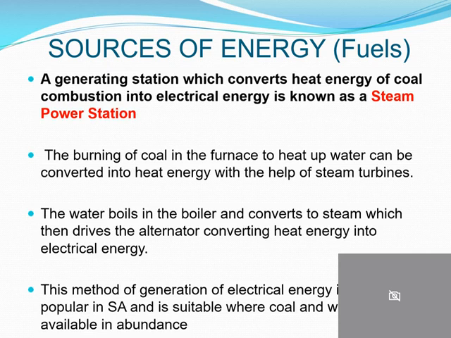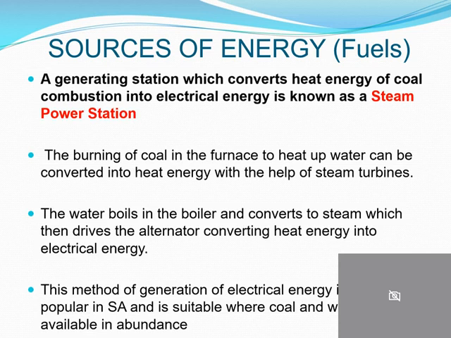So the coal in a furnace is like a heater where they throw this coal in, it will heat up water, and the water is in what we call a boiler, which is like a big pot. So that water will produce some steam, which is what will go into the turbine.